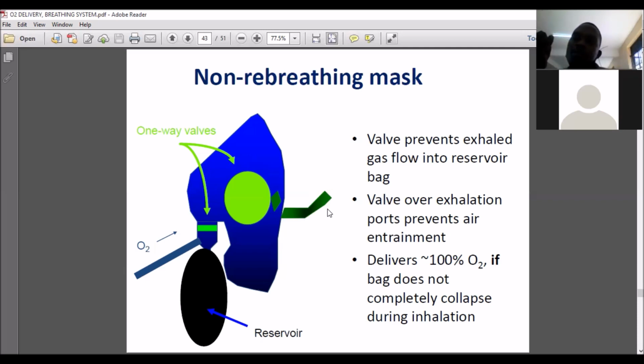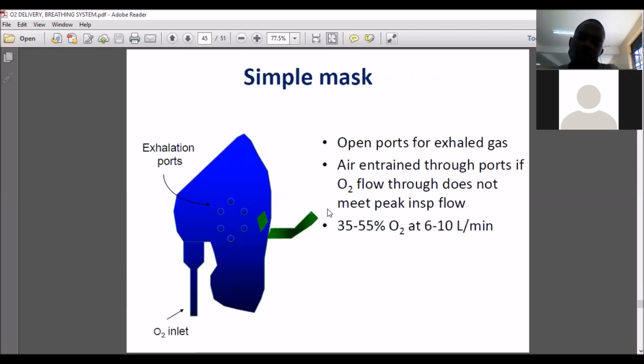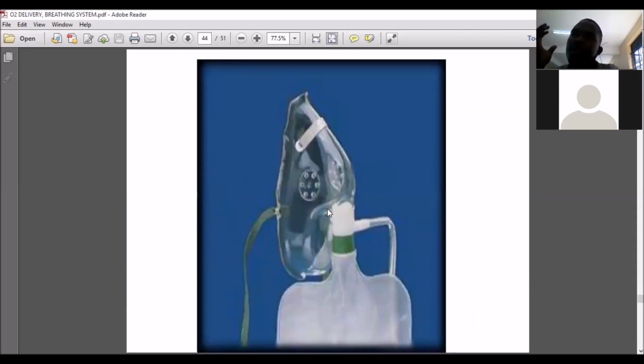So if the bag does not reduce when you're breathing in, that means you're taking in 100%. If it collapses, so these are the rebreathable masks, okay? Those who hold you see on the sides. You're getting the masks. Once the holes, I close them, you see some of them put the strapping. That's making it a rebreathable mask. Once they remove the strapping, it is a non-rebreathable mask. You're getting it.